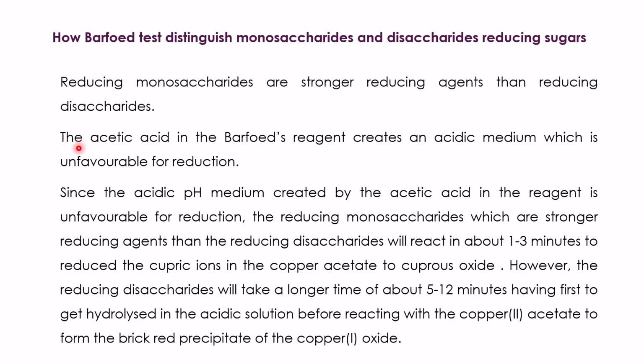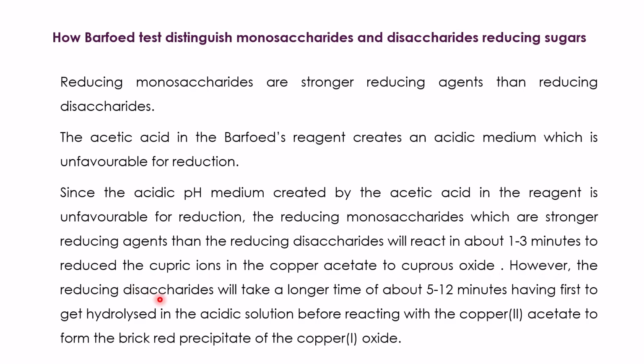And two, the acetic acid in the Barfoed reagent creates an acidic medium which is unfavorable for reduction. And since the acidic pH medium is unfavorable for reduction, the reducing monosaccharides, which are stronger reducing agents than the reducing disaccharides, will react in about 1 to 3 minutes to reduce the cupric ions in the copper acetate to cuprous oxide.